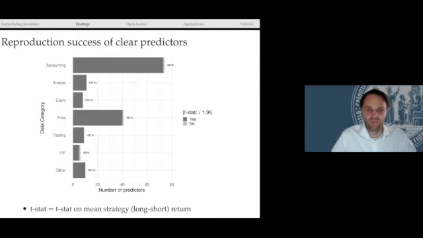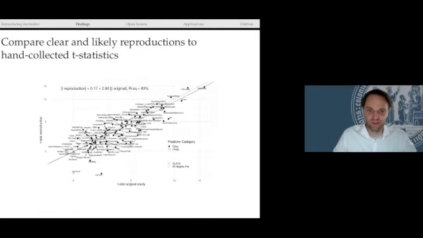Another way to show replication success is with this graph, where, remember, we hand collected the t-statistics from the original papers. That is what you see on the x-axis, and on the y-axis you see the t-statistic of our reproduction. As you can see, these line up overall pretty nicely. Each dot here is one predictor, showing our t-stat against the t-stat of the original study.